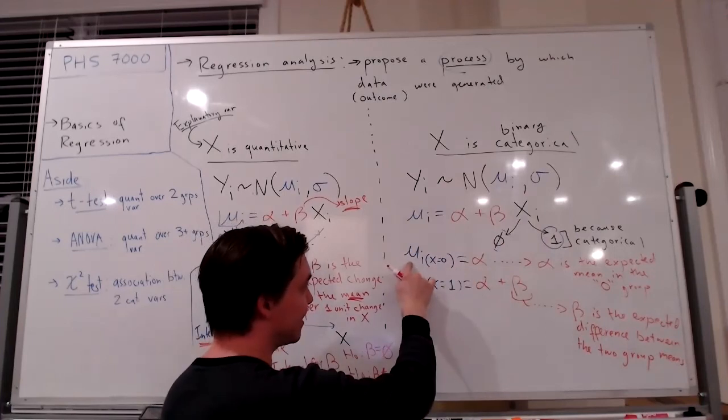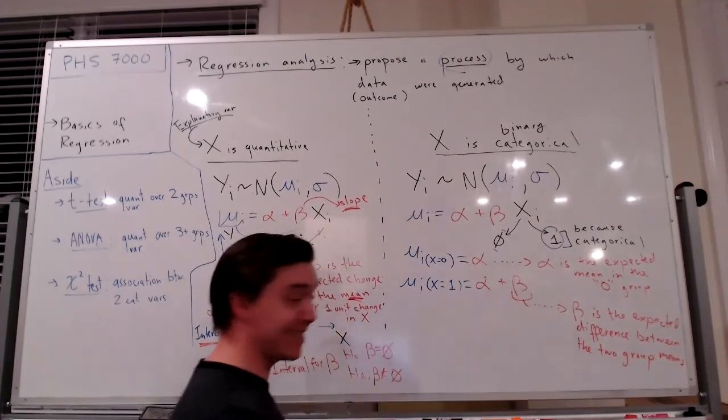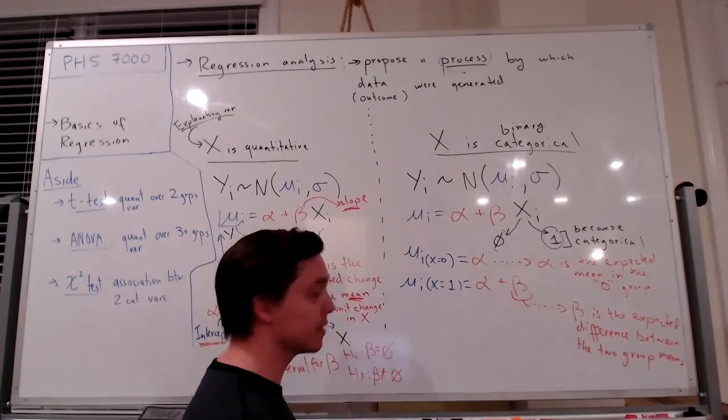Alpha is the expected mean for the 0 group, and then beta is the difference between the 2 group means.